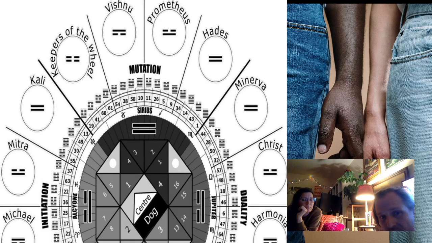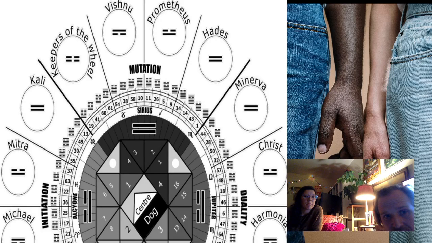Right in the middle of the keepers of the wheel is the actual new year. We could call it the physical new year, the real new year, not the made-up new year that happens on December 31st at the stroke of midnight, but the real new year that happens on the 21st or the 22nd, depending on time zone and whether it's a leap year. That is when the sun moves into gate 41.